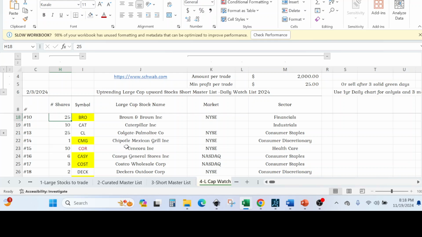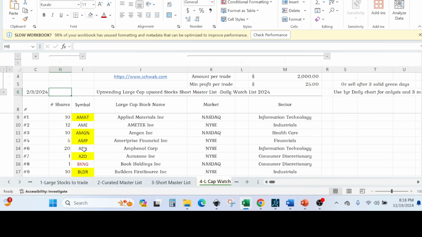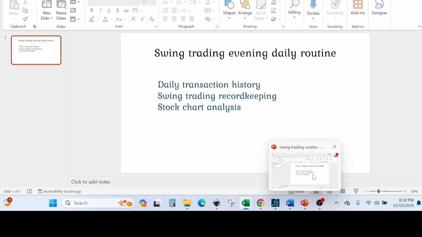When I have that pullback, I will mark it red on my spreadsheet, so that if tomorrow I have the first green bar, I will buy when it starts going up. So we have 1 here, 2, and I think those are the 2 that we marked to possibly purchase tomorrow. And we will just save our stock watch list. That is what we do for our swing trading evening daily routine.